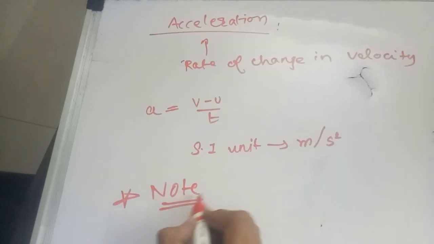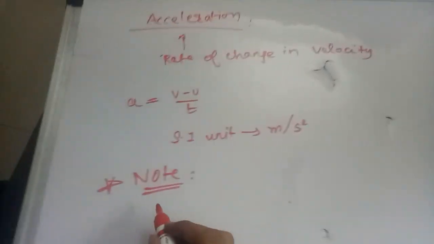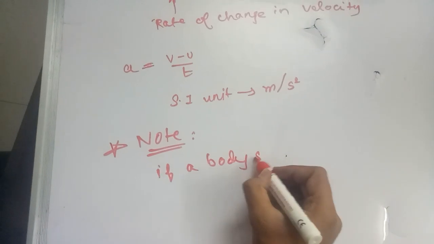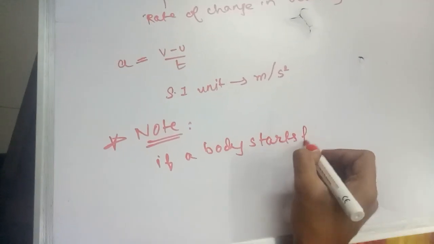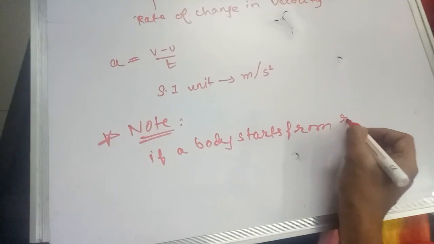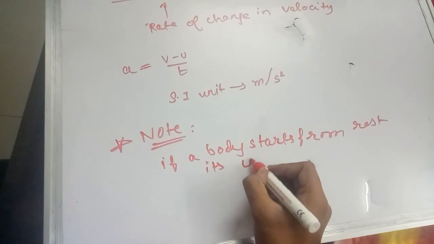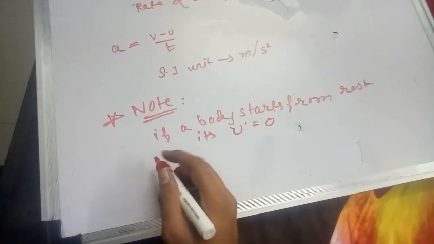So please all write a note here. If a body starts from rest, its initial velocity will be taken as 0.